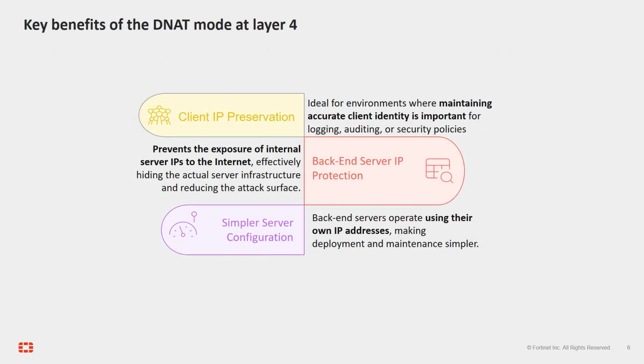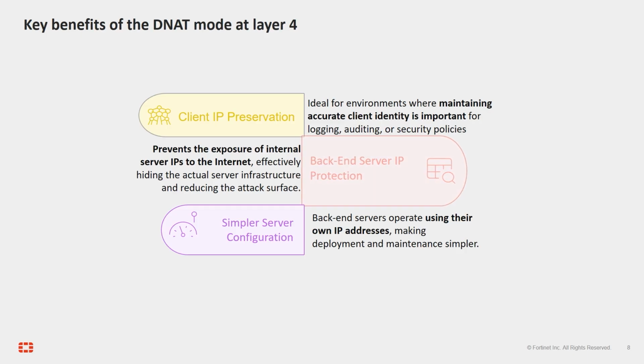As discussed, using the DNAT packet forwarding mode offers several advantages. First, backend servers see the original client IP address, as no source NAT is applied. This is ideal for environments where maintaining accurate client identity is important for logging, auditing, or security policies.